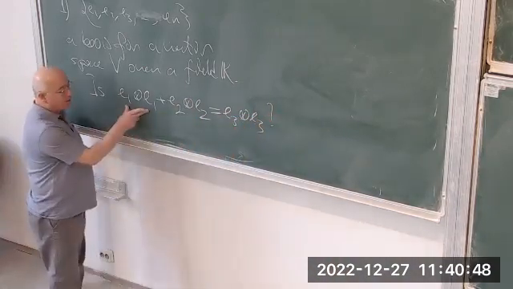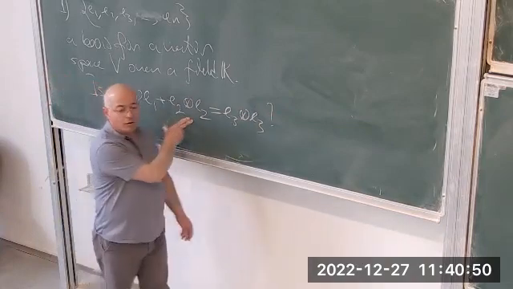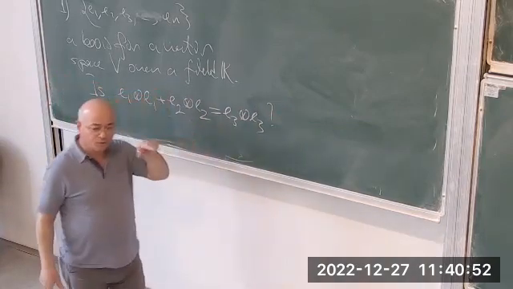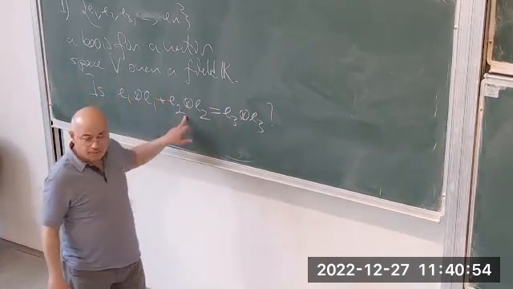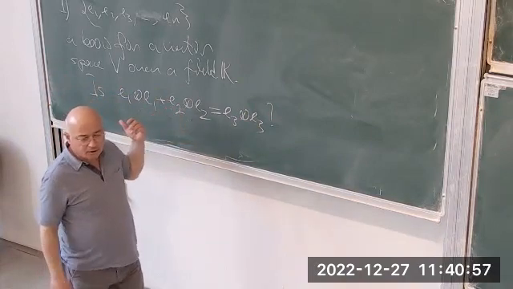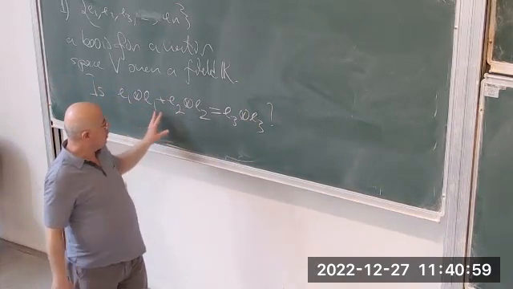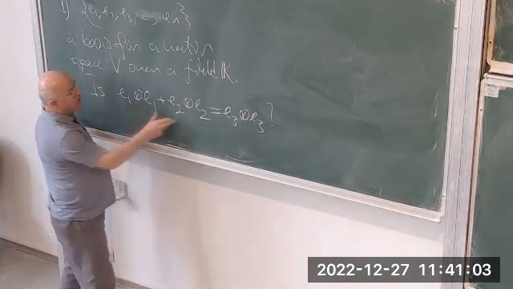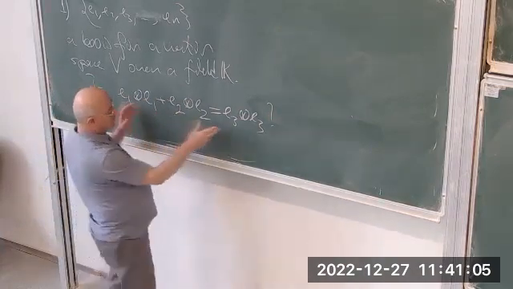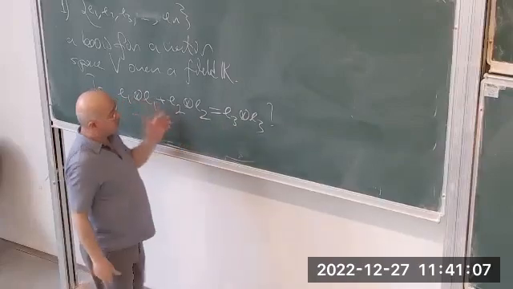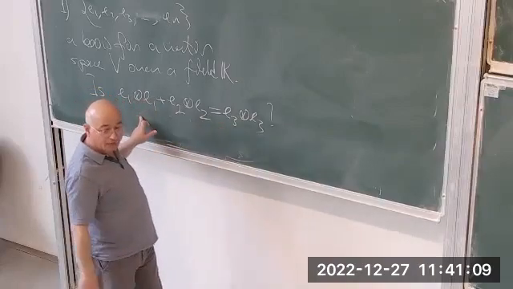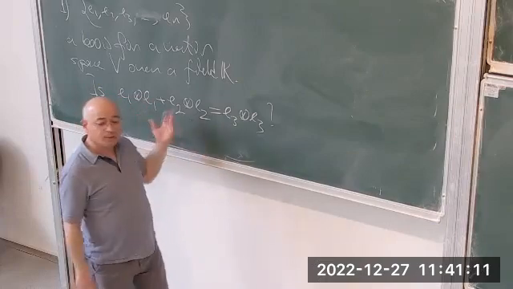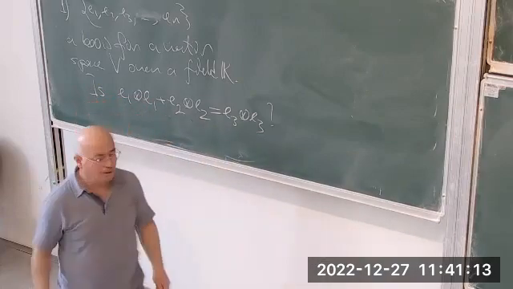Because these are elements of the vector space of tensor product, basic elements, and they are distinct basic elements. Therefore, this element and this element, if they are all basic elements, then these are also linearly independent. So one of them cannot be written in terms of the other, right?